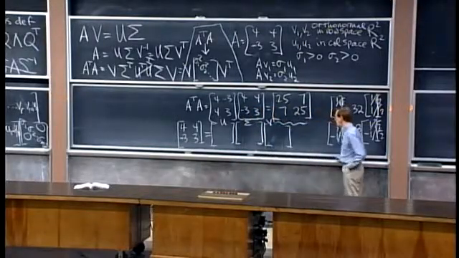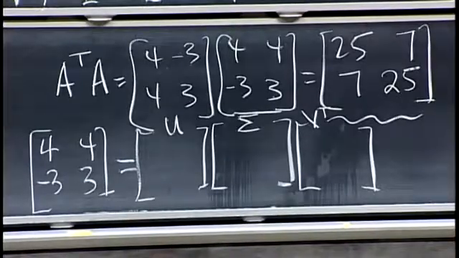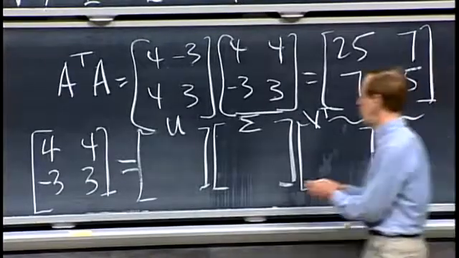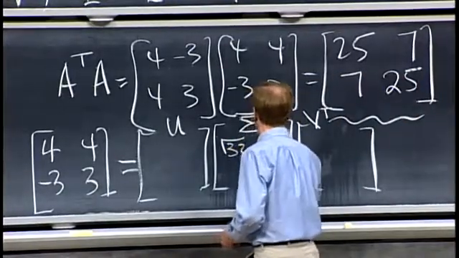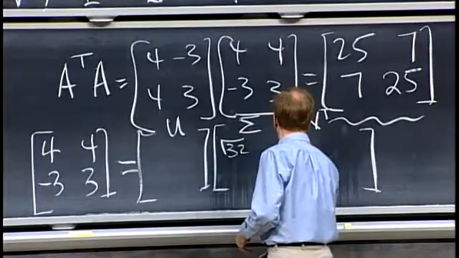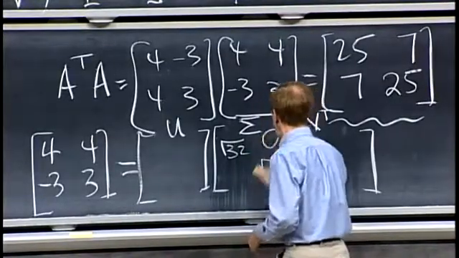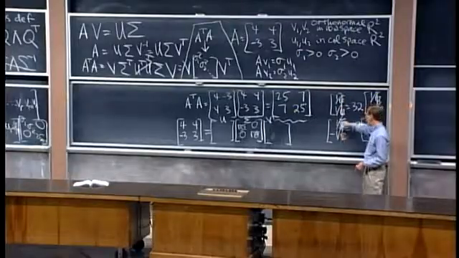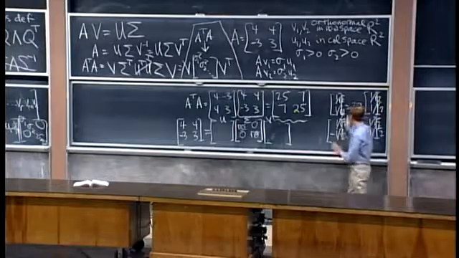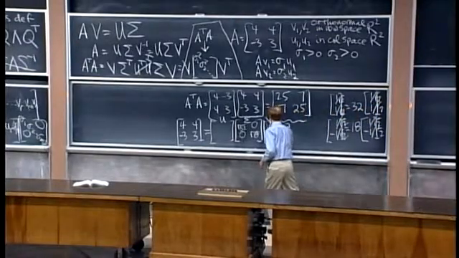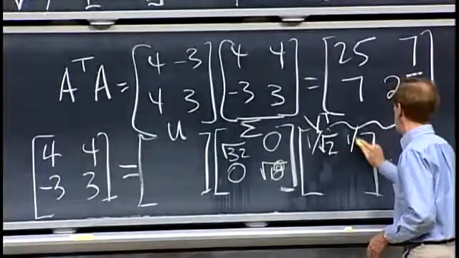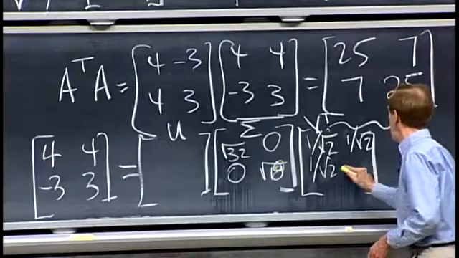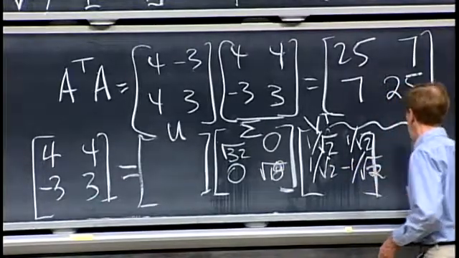Okay, let's just see that come out right. What are the sigmas? They're the square roots of these things. So square root of 32 and square root of 18, and 0, 0. Okay. What are the V's? They're these two. And I have to transpose. Maybe that just leaves me with 1 over square root of 2 in that row. And the other one is 1 over square root of 2, minus 1 over square root of 2.